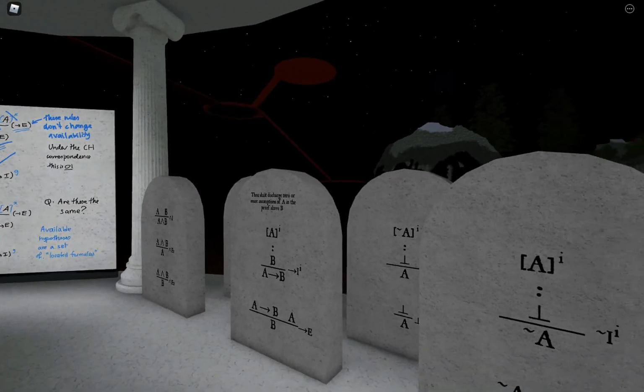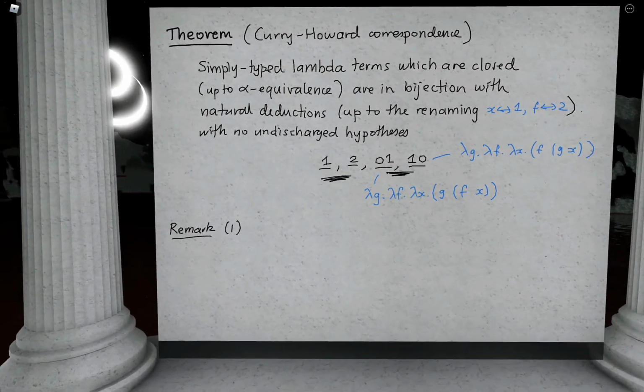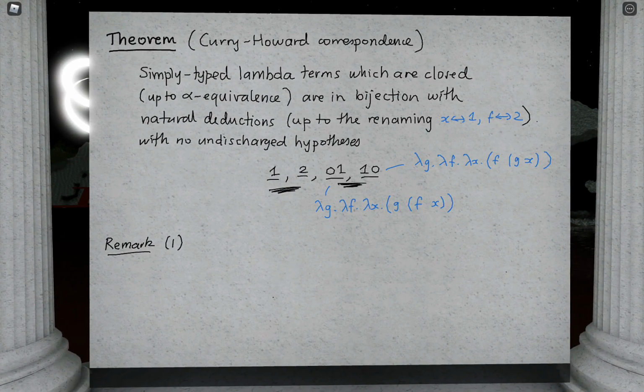The first is that introducing names, well, maybe given the time I'll just make the more important remark and leave the other one. There's some notes I'll post to the Discord. Okay, so it's important that on one side you have lambda terms or programs which are closed, and on the other side you have deductions with no undischarged hypotheses.